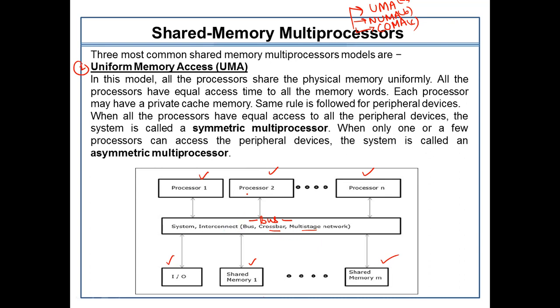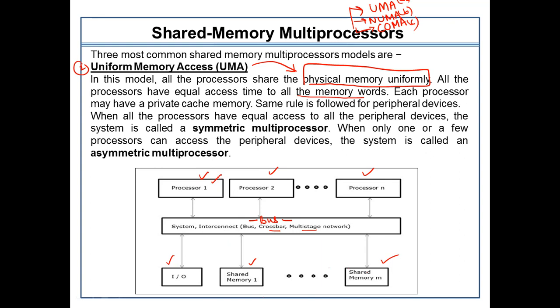Now the point is, here the processors share the physical memory uniformly. Because the name is uniform memory access, it has this unique property that even if the memory is divided into certain modules, the processors have equal access to the physical memory, right? So all the processors have equal access time for all the memory words.